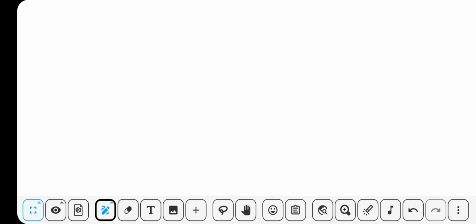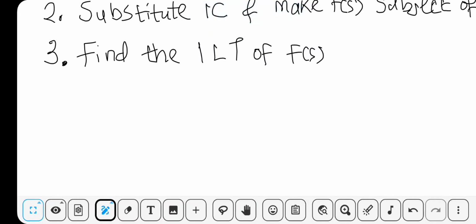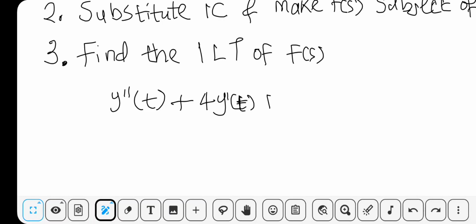We can rewrite that equation as y prime prime of t plus 4 y prime of t plus 3y equal to 2 times a function of t.